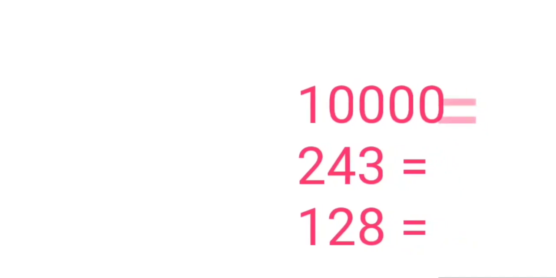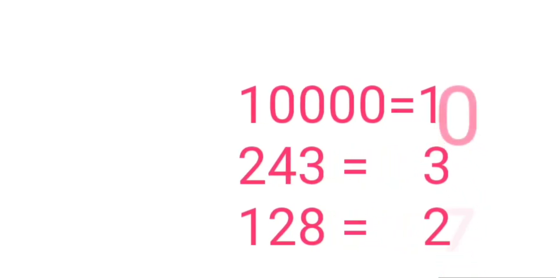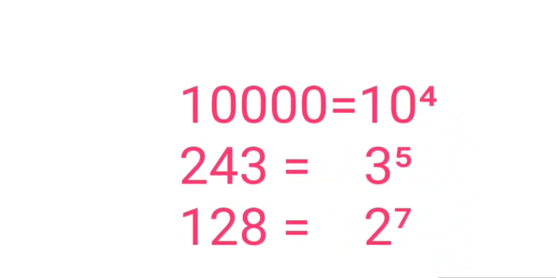Like, see one example. Here some numbers are given like 10,000, 243, 128. So this 10,000 we can write 10 raised to the power 4. 243 we can write 3 raised to 5. 128 we can write 2 raised to 7.